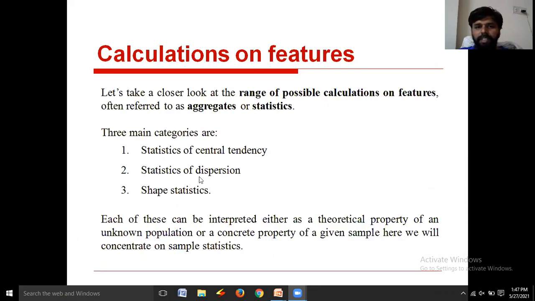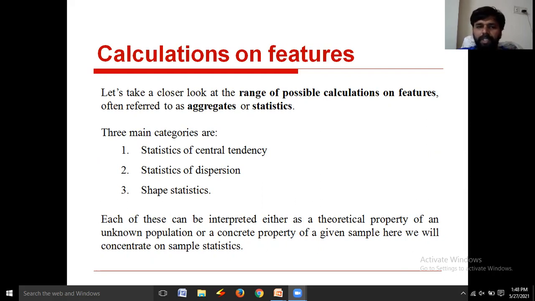And the next one is statistics of dispersion. See, statistical measures are categorized into 3 types. The first one is statistics of central tendency. The second one is statistics of dispersion.